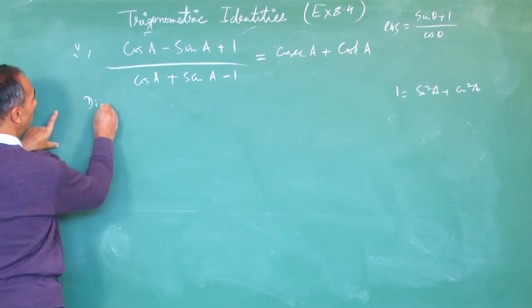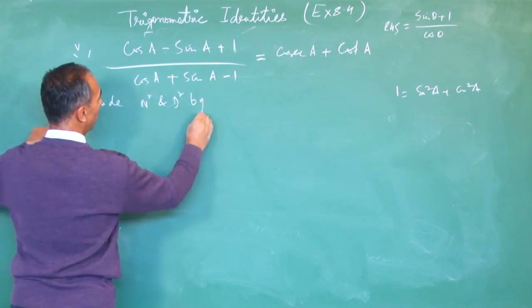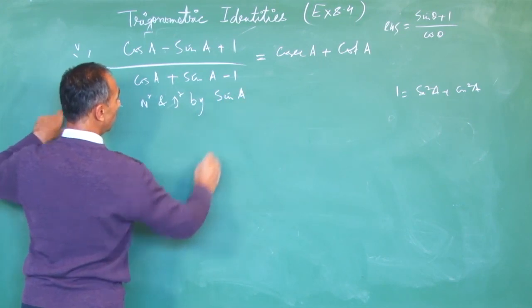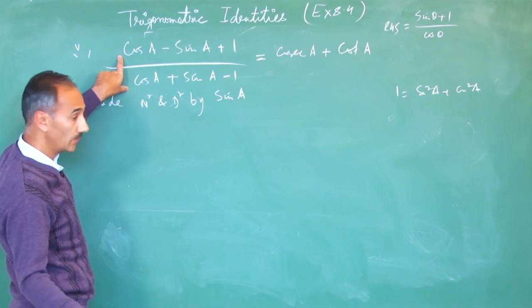So we will divide the numerator and denominator by sine of A, because the numerator and denominator start with cos. That's why you are dividing by sine.